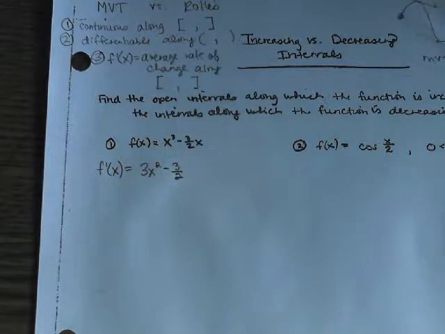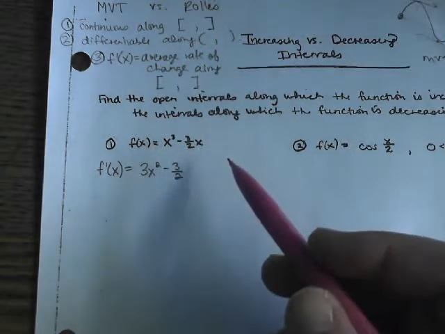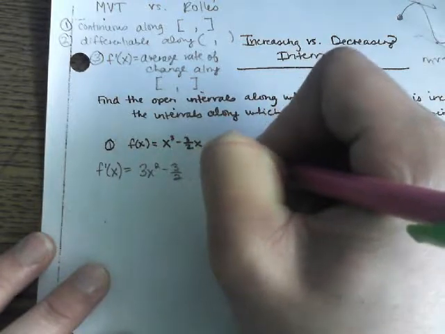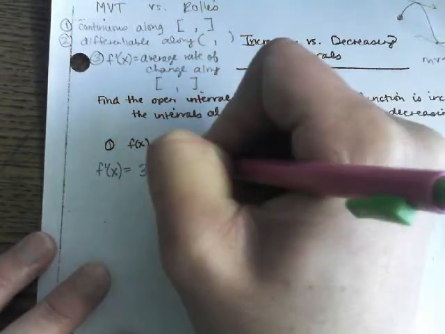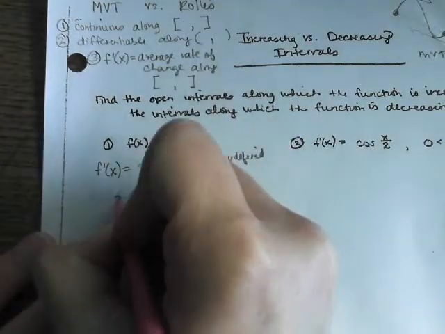Now, hopefully we can look at this and show that it's never going to be undefined, right? This is always defined. So never undefined, so we don't have to worry about any critical points coming from there. But it will equal 0, maybe.